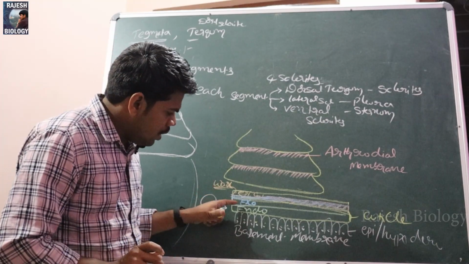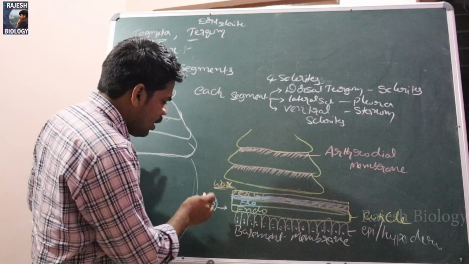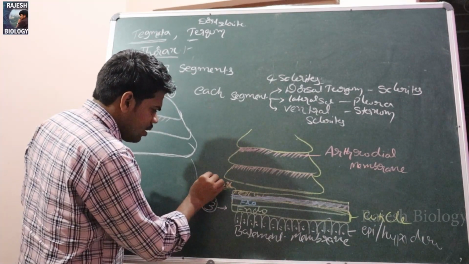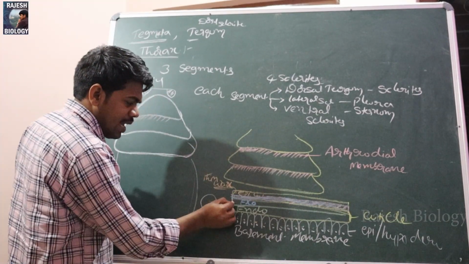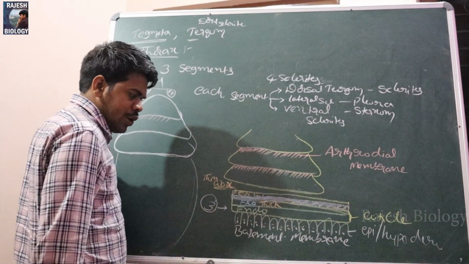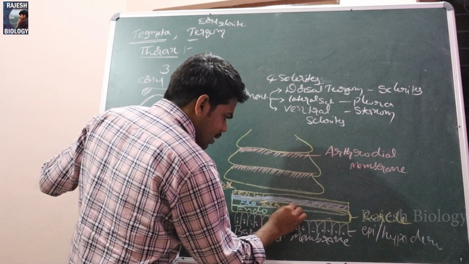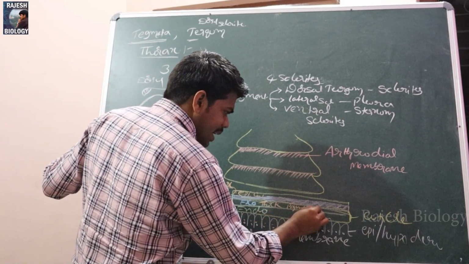Come to the exocuticle. Exocuticle is thick. The epicuticle wax layer is a thin waxy layer, but the exocuticle is thick, with pigmented chitin.